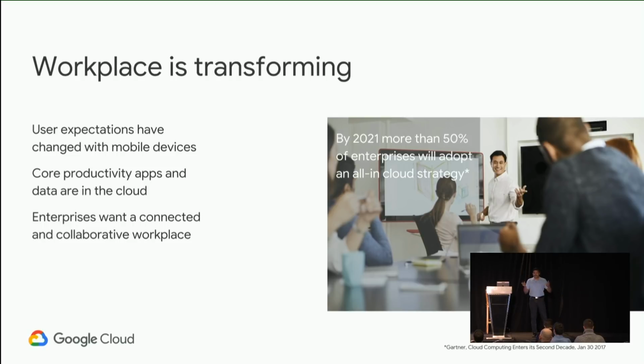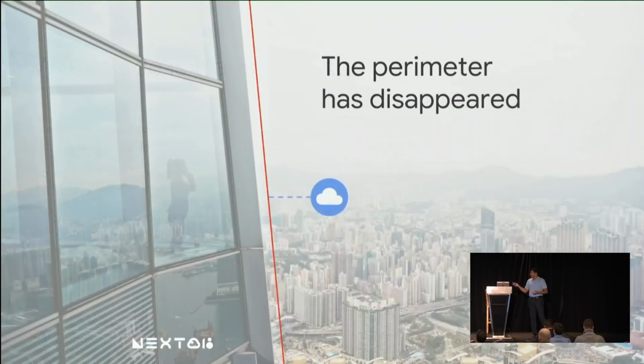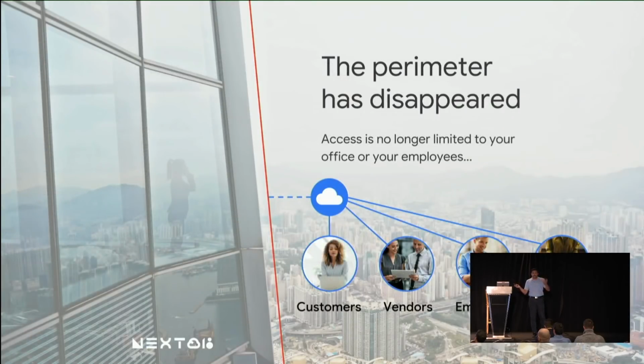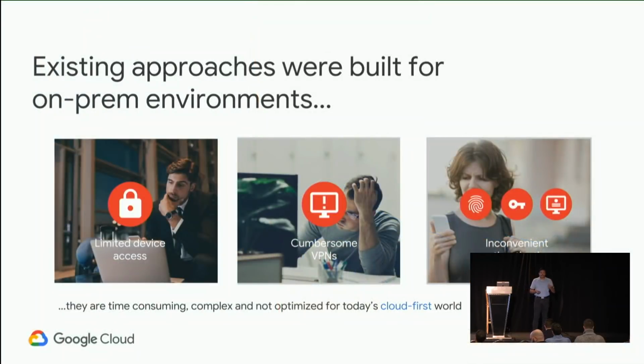So your workplace is changing, and the perimeter-based security model that used to be okay in the past no longer works. The traditional way of doing things will not help you achieve this digital workplace.